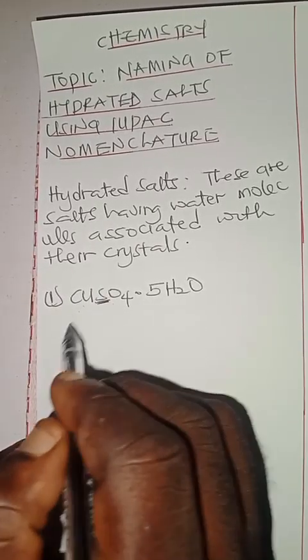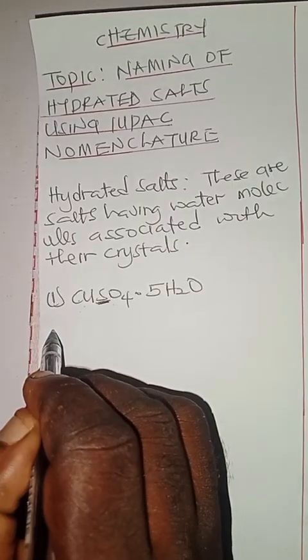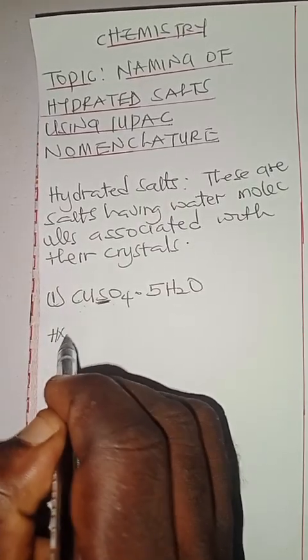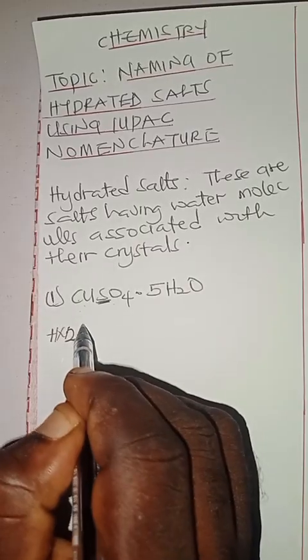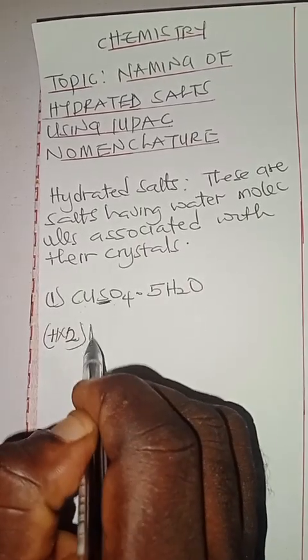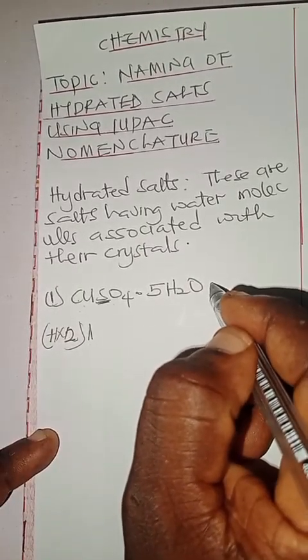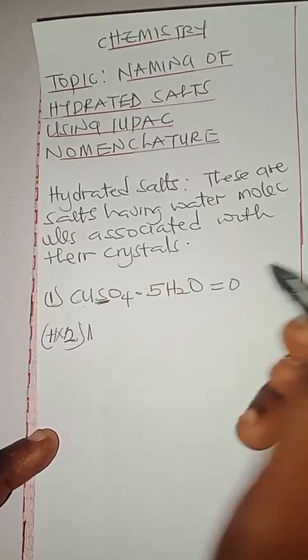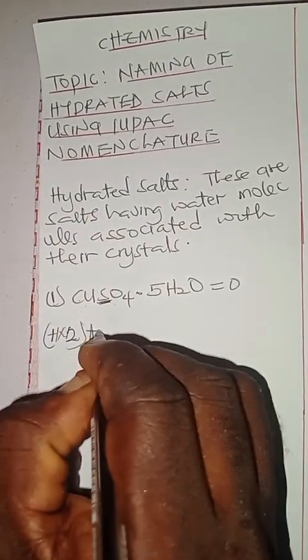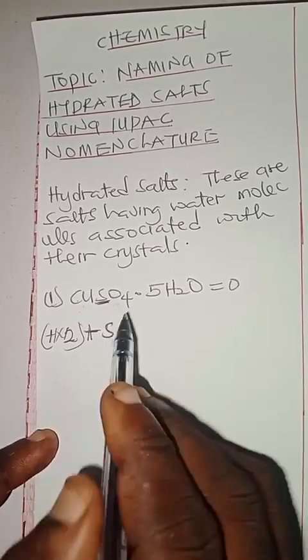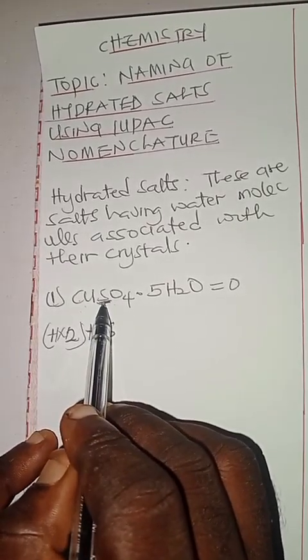Now here, how many copper do we have? Just 1. Plus 1 multiplied by 2. Put that in brackets. Sum everything to 0. So, plus your sulfur, the one we have identified.